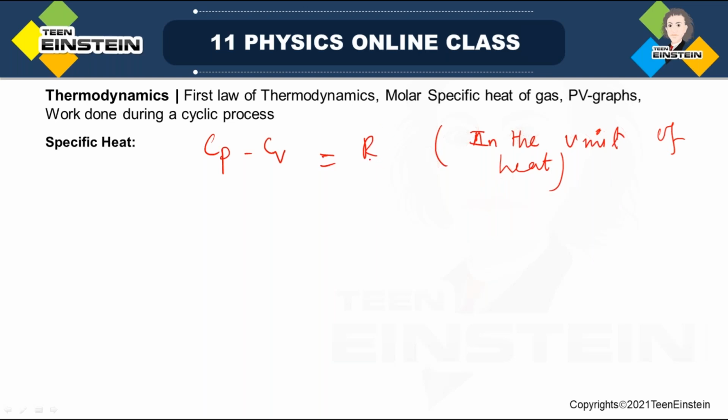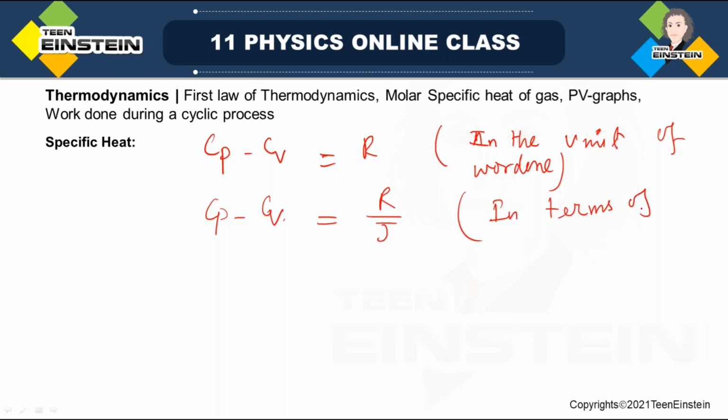In terms of heat, Cp minus Cv is equal to R by J, heat energy.